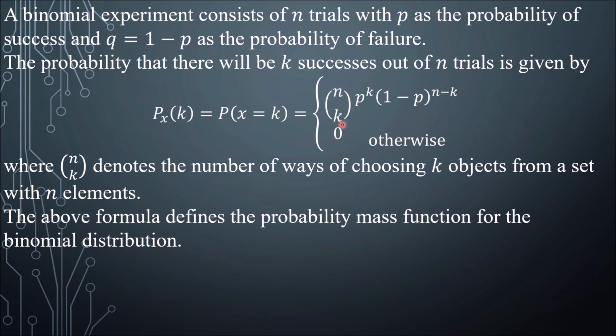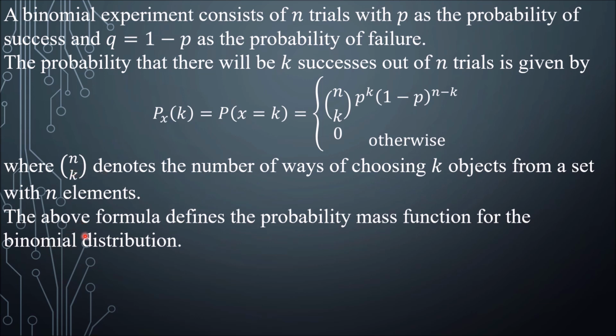N taken K times P raised to K times 1 minus P raised to n minus K, where n taken K denotes the number of ways of choosing K objects from a set with n elements. So in other words, it's nCr, the combination of n taken r at a time. So it's the same as this one.